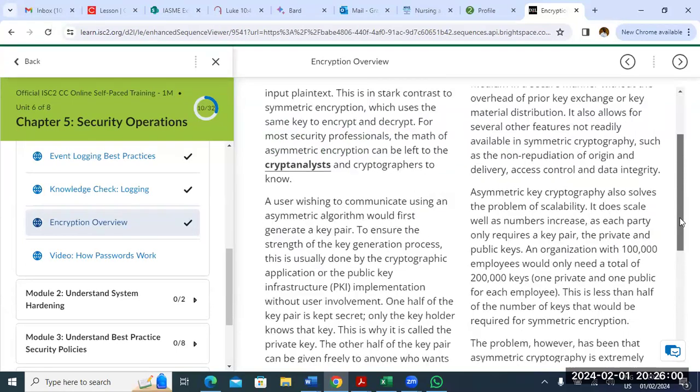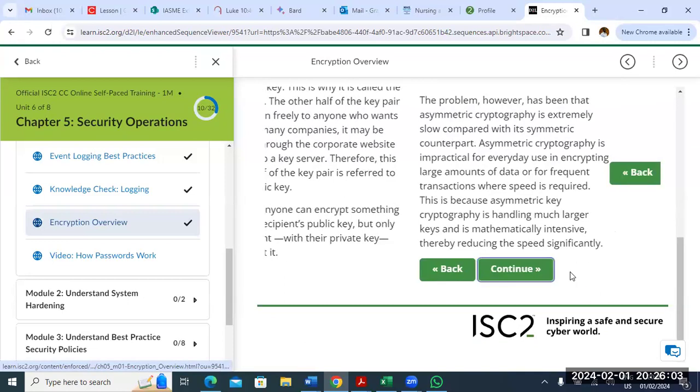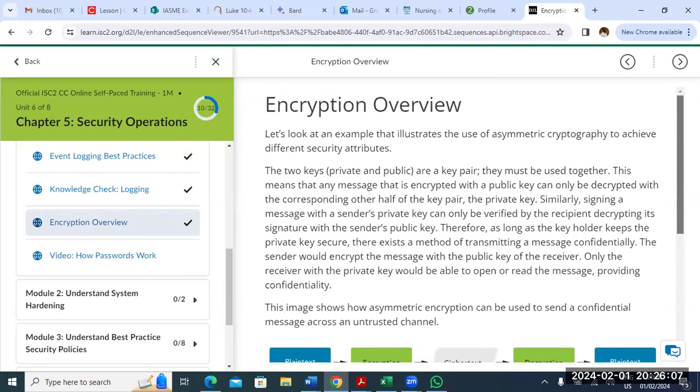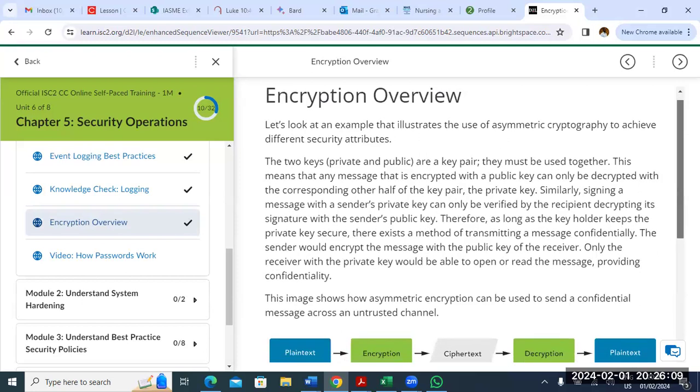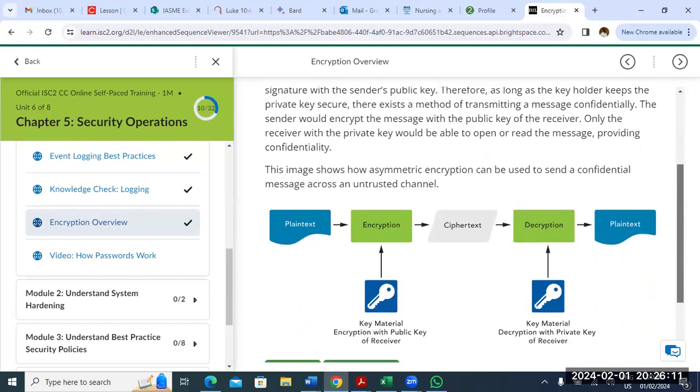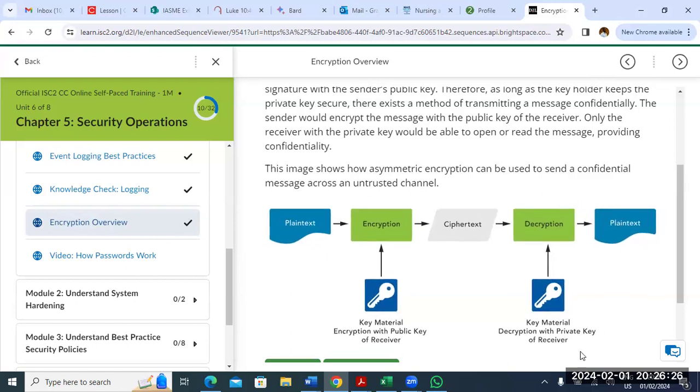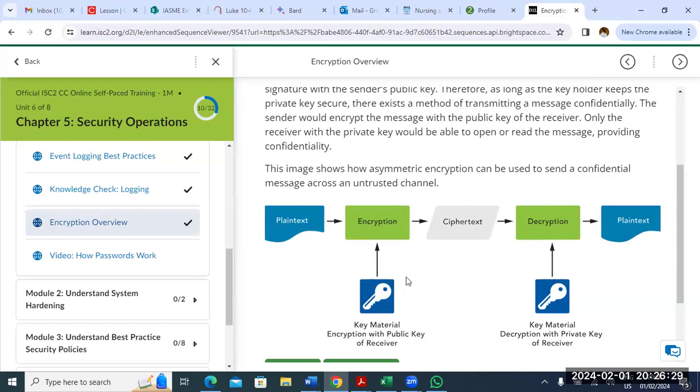So let's just take our time to go through it. This is the way it works. You can see key material, encryption with the public key, and here we have the private key. The sender is encrypting with the public key of the receiver. Then only the receiver can get it. If you are not the receiver, you won't be able to access it.